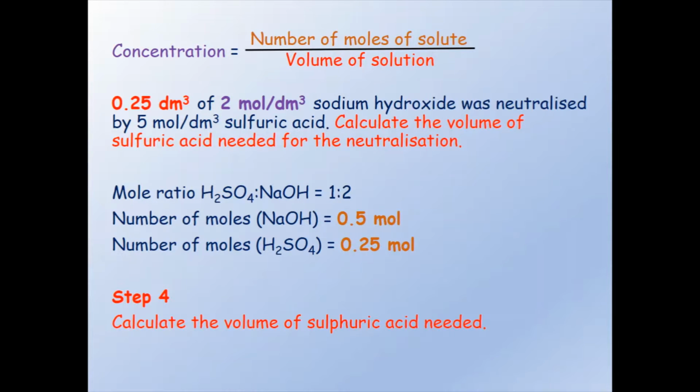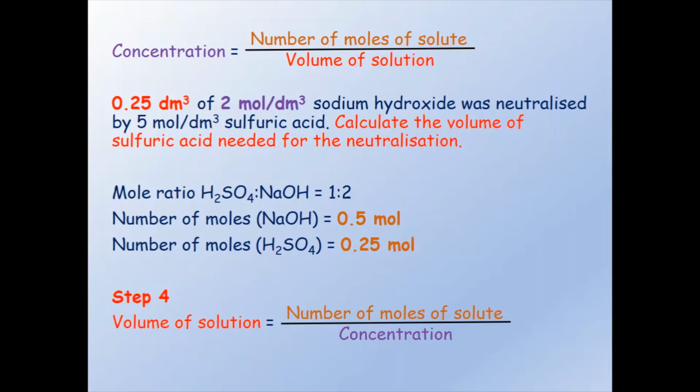Again, we have to rearrange the equation to be able to calculate the volume, and if we rearrange the equation at the top, we get volume of solution equals number of moles of solute divided by the concentration. The number of moles we have found out now, it's 0.25. The concentration for sulfuric acid is given in the question. It's 5 mol/dm³.